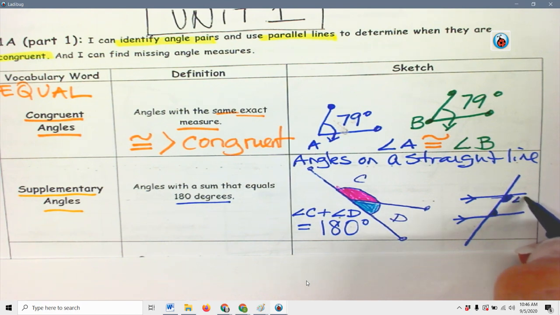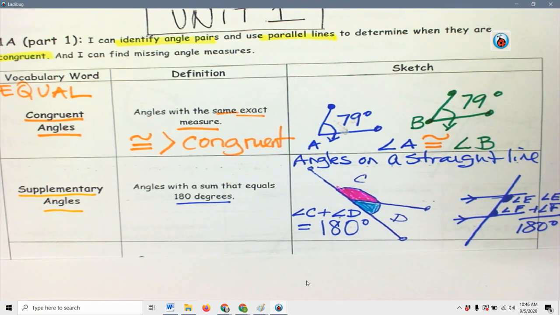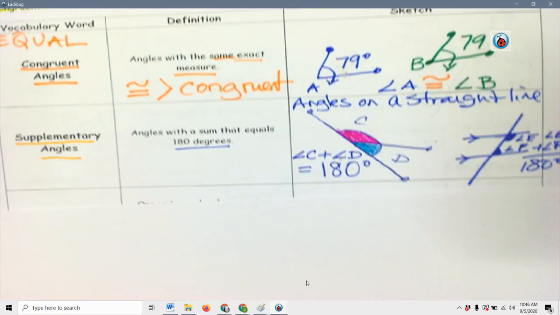We'll call this angle E. We'll call this one angle F. And angle E plus angle F is going to equal 180 degrees. So here are two examples of supplementary angles that we are going to see in this unit.